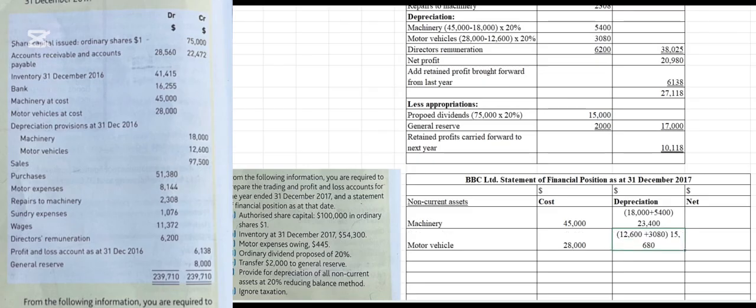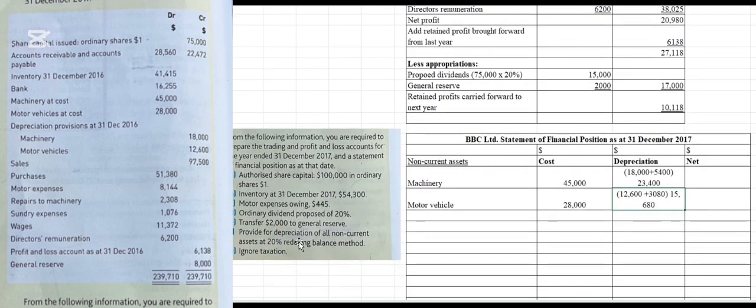To find the accumulated depreciation, you add the depreciation provision that they would have given you in the trial balance, plus the final figure that you'd have received after depreciating it, after taking into consideration all the instructions such as the reducing balance method. Now, to get the net book value, you subtract the depreciation from the cost.